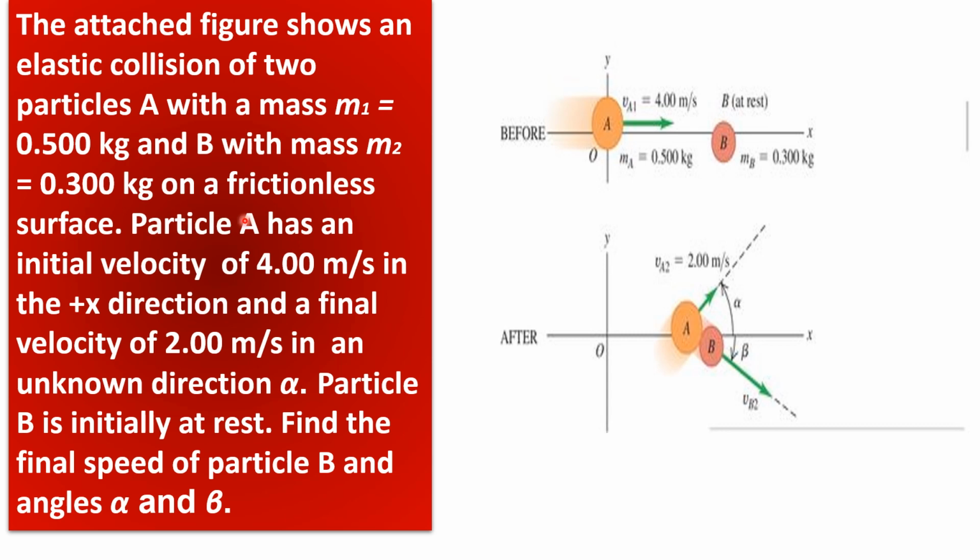Particle A has an initial velocity of 4.00 meters per second in the positive x direction and a final velocity of 2.00 meters per second in an unknown direction, alpha. Particle B is initially at rest. The question is, find the final speed of particle B and the angles alpha and beta.